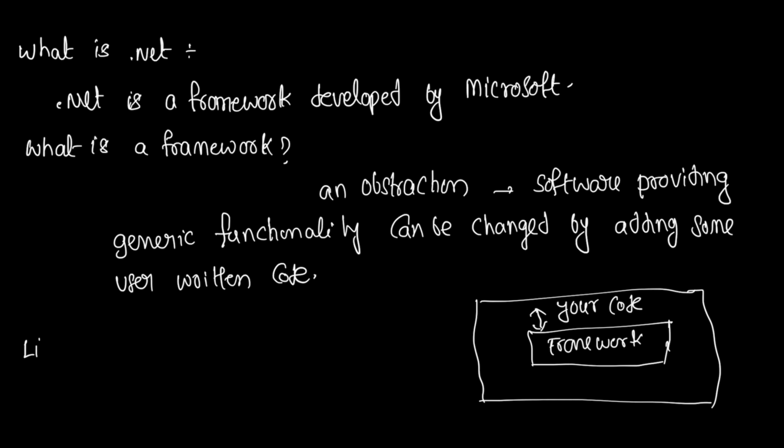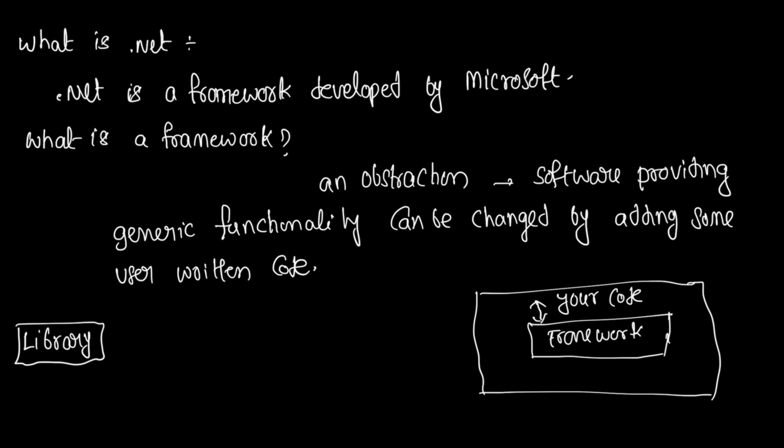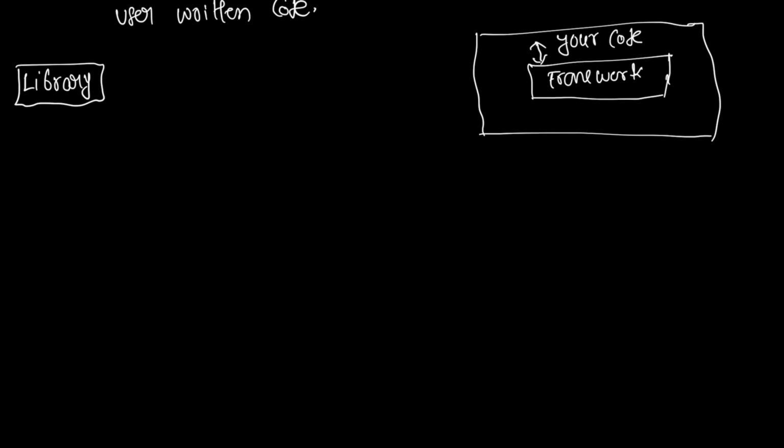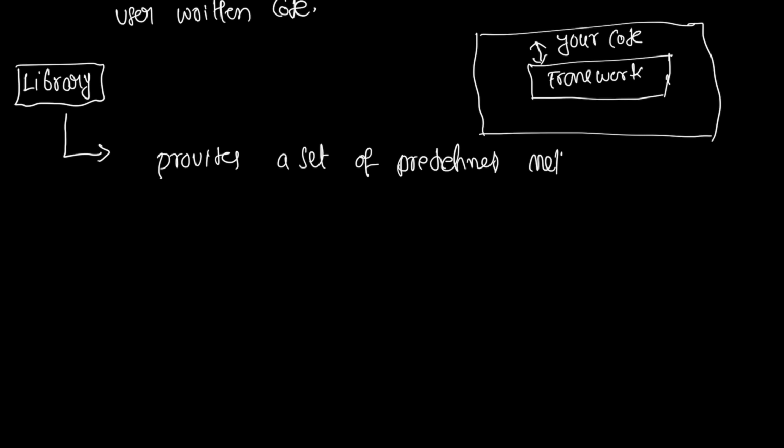If you want to code with a framework, you need to install the framework library. You have also heard a bit about libraries. A library provides a list of methods, modules or predefined functions, whatever we call them, to work with.